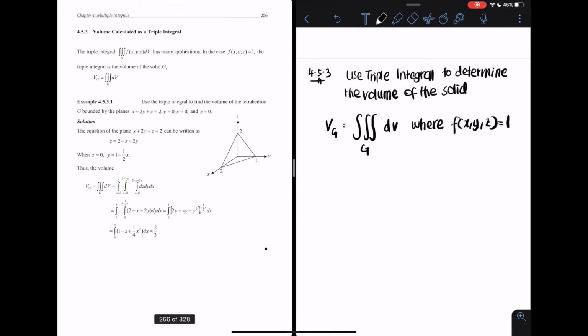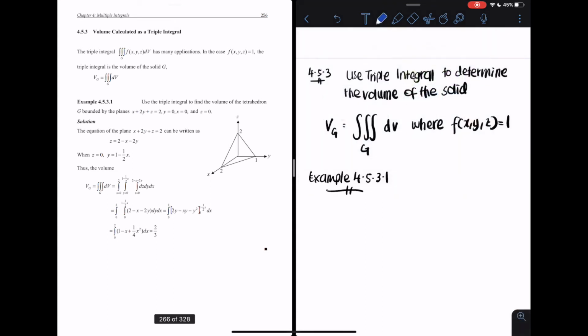So let's take a look at the first example, Example 4.5.3.1. From this question, the author asks you to determine the volume of the tetrahedron bounded by all coordinate planes, and at the same time x plus 2y plus z is equal to 2. So right now we would like to determine the volume of the tetrahedron.